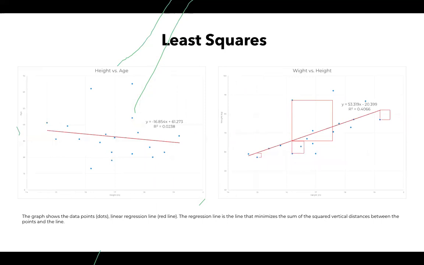In this example, you see one R square value is very small, where you can compare height versus age. Another example is weight versus height. One example gives a correlation of 0.0238. The regression line is the line that minimizes the sum of squared vertical distances.